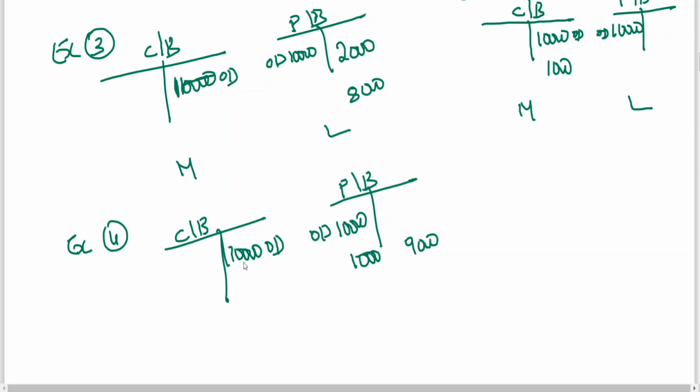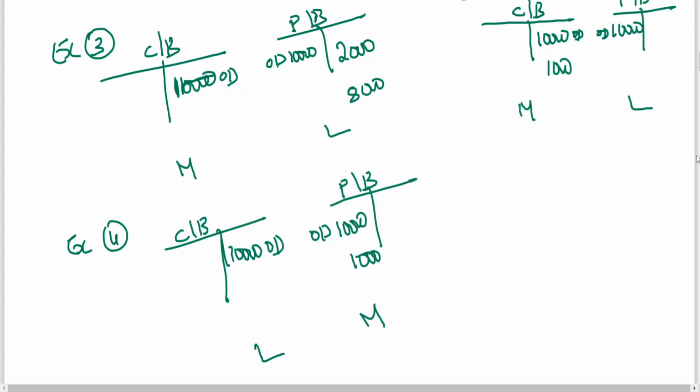Here cash book is showing OD of 10,000. Here it is showing how much? OD is, sorry, 10,000 plus 1,000, 11,000. Cash book OD is showing less. Passbook OD is showing more.